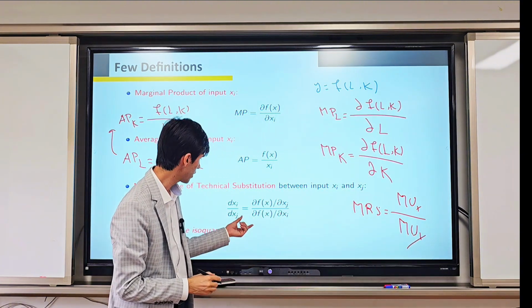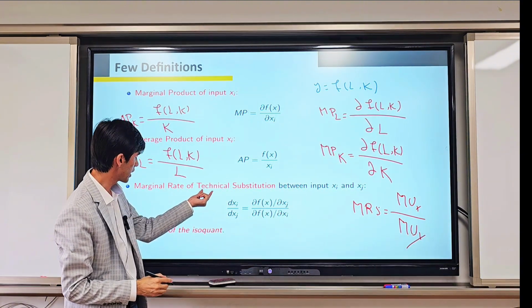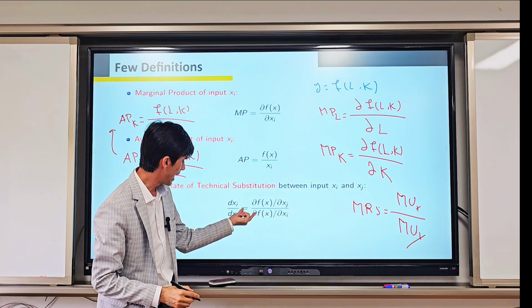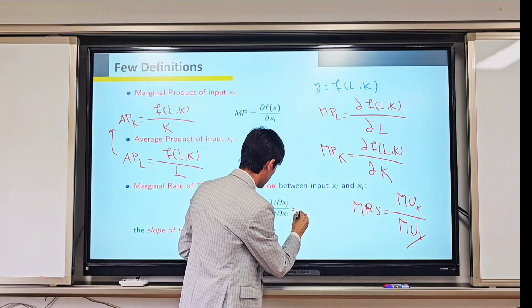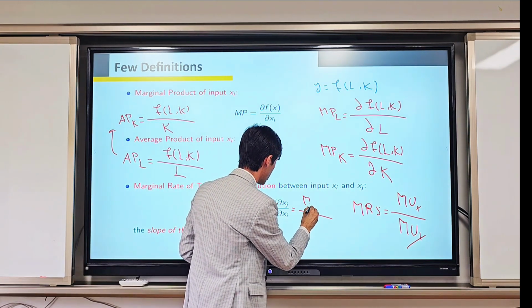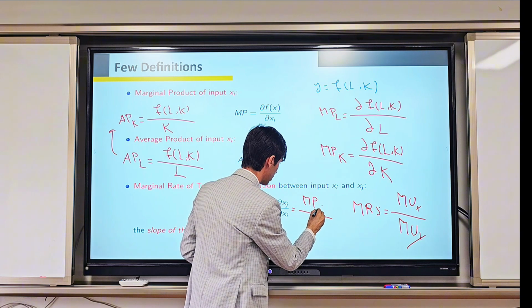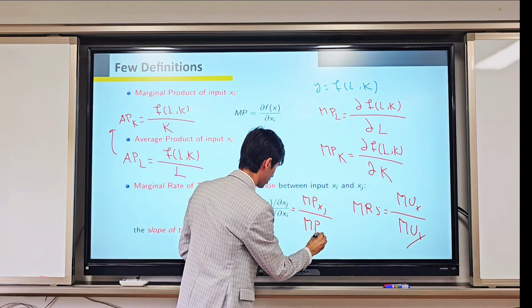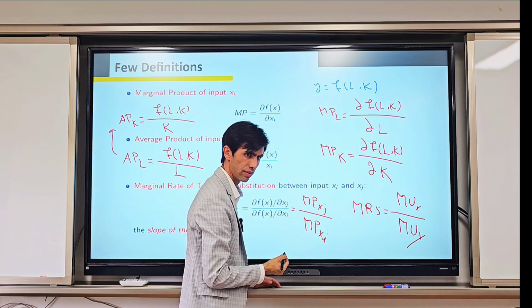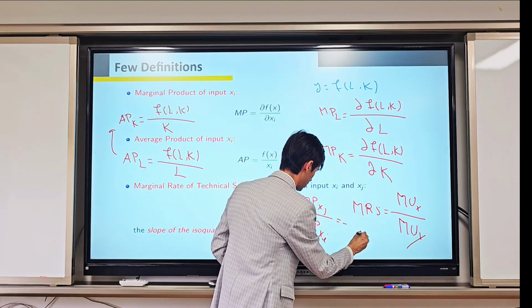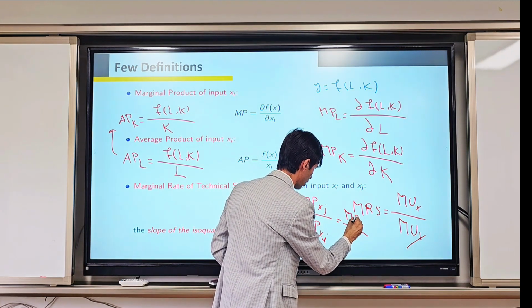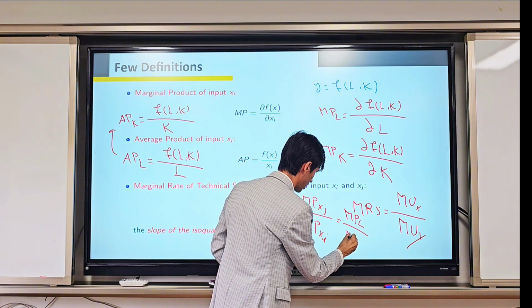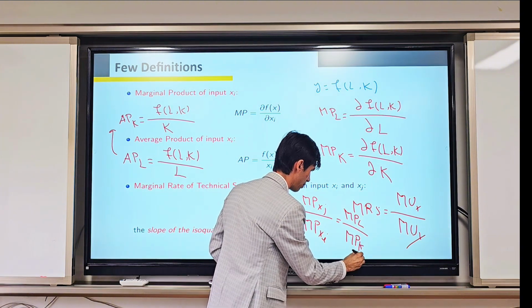Here, the marginal rate of technical substitution is equal to the marginal product of xj divided by the marginal product of xi. Xj can be labor, so it is the marginal product of labor divided by the marginal product of capital.